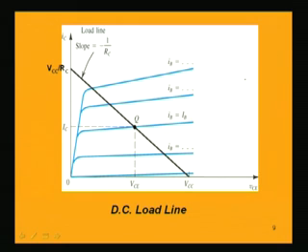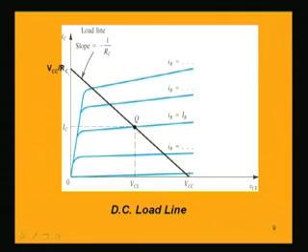We are not defining exact values because it depends on what VCC you are using and what resistance RC you are using. Even without defining all those values, we are just plotting the general characteristic curve, and here these are the 2 points, VCC and VCC by RC, the 2 extreme points.